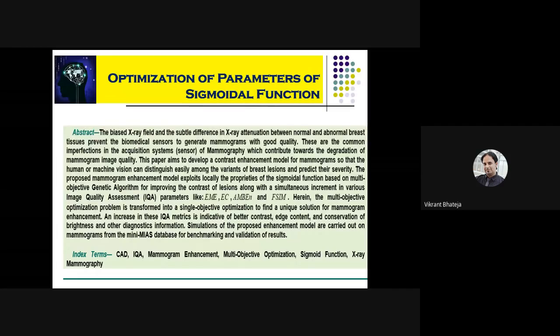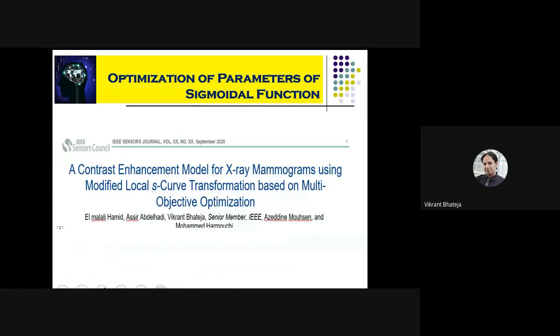So you can see that the proposed mammogram model exploits locally the properties of the sigmoidal function based on a multi-objective genetic algorithm. Only the same transformation function is used, and we have tried to just optimize its values with a multi-objective genetic algorithm, and we have applied the results on mammograms. So this is the paper, and I think very soon, in another one week to 15 days, this paper is going to be coming online, and it is dealing with the improvement of the local S curve.